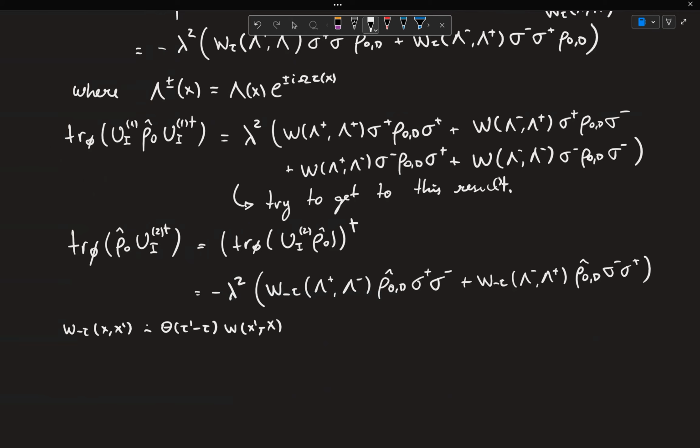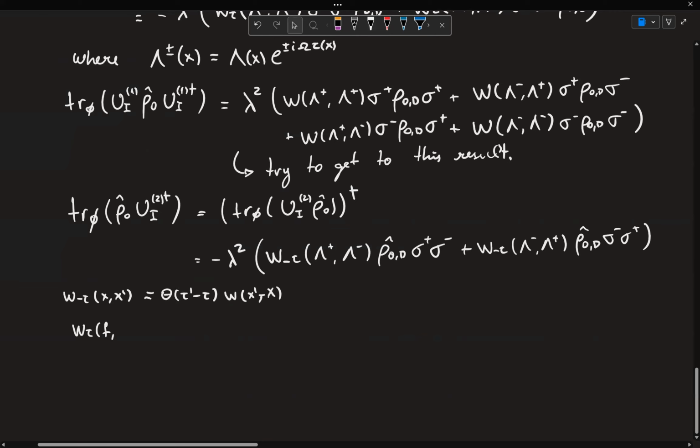And then you can show that if you have the W tau of fg and you want to conjugate this, let's actually do this calculation because why not? If you have the conjugate of this, you're going to have the theta, which is real, so the conjugation doesn't affect it. Oh, sorry, this is the theta of tau minus tau prime.